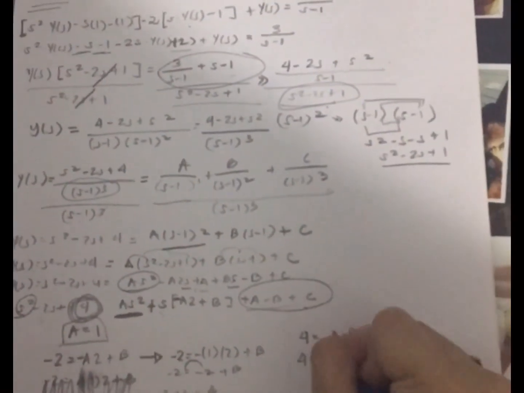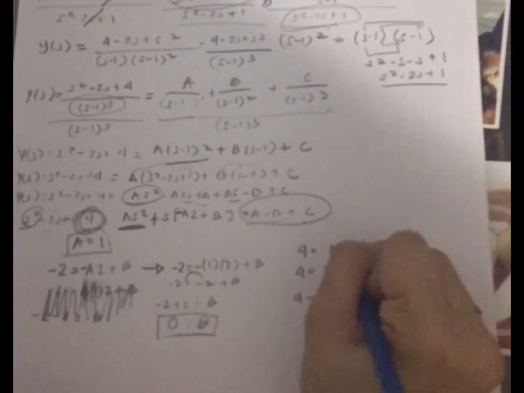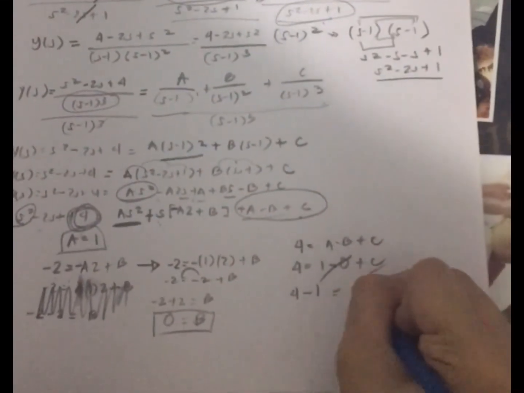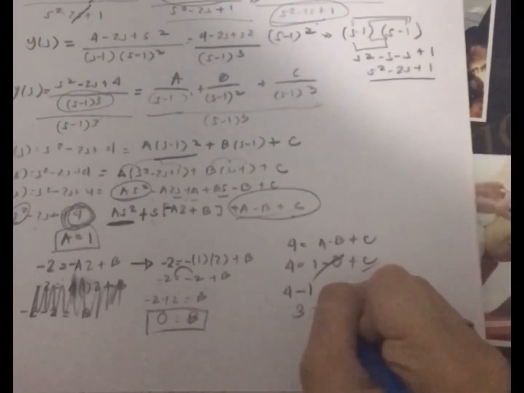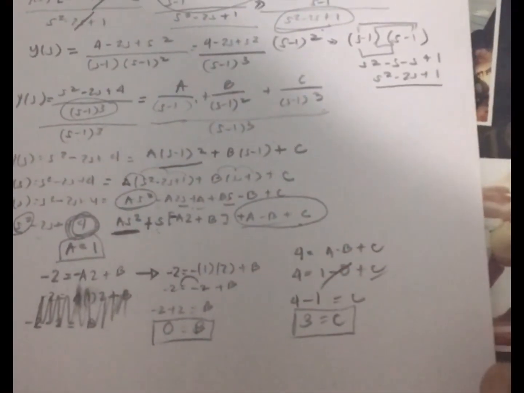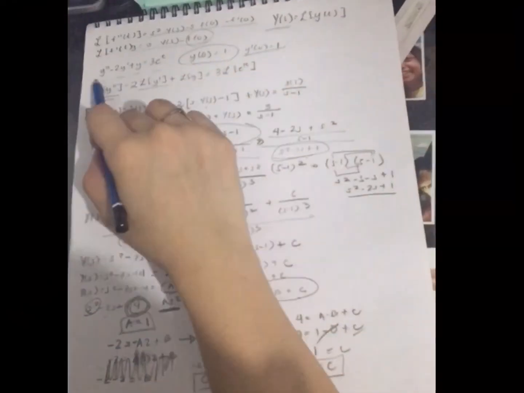A is 1 minus 0, B is 0, plus C. Then transpose it to get the value of C. So 4 minus 1, disregard this, then we will have the value of C. 4 minus 1 is 3. And that serves as the value of C. And this would be the answer to our equation above.